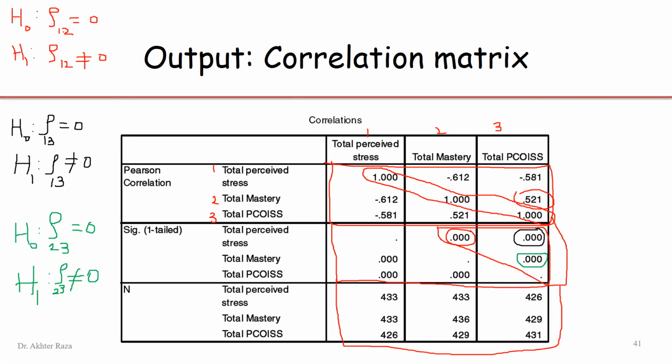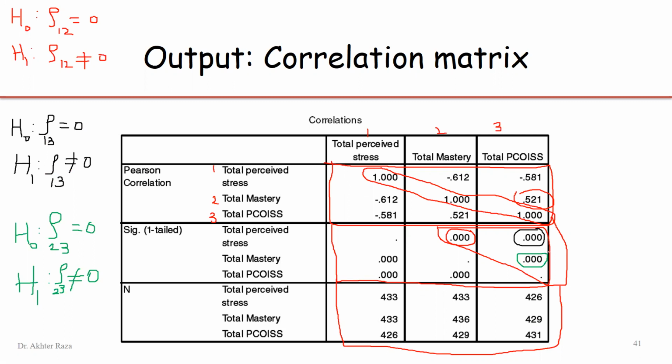The correlation between the perceived stress and mastery control is 0 in the population under the null, and is not 0 under the alternate. That is indicated with the red color. The p-value, which is indicated by the black color, has a hypothesis that the rho 1,3 is equal to 0, meaning that the population correlation between the perceived stress and PCOISS is 0, and it is significant in the alternate hypothesis.